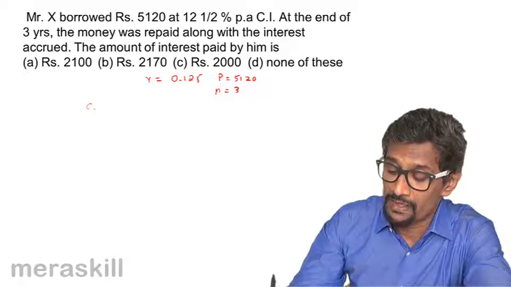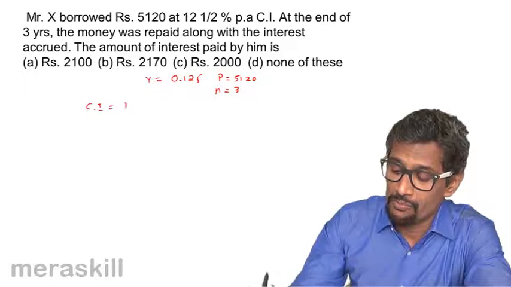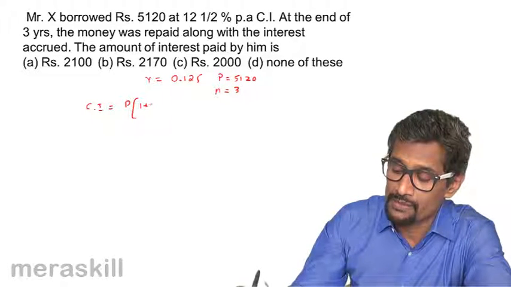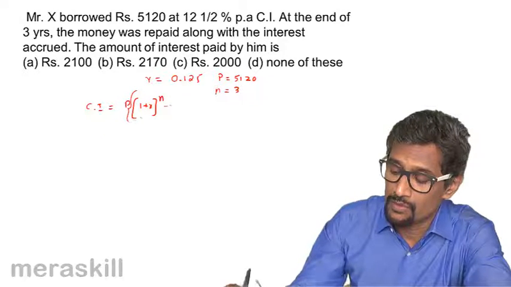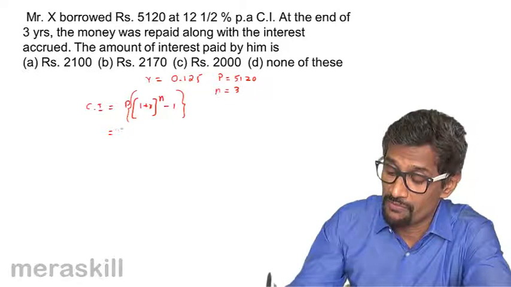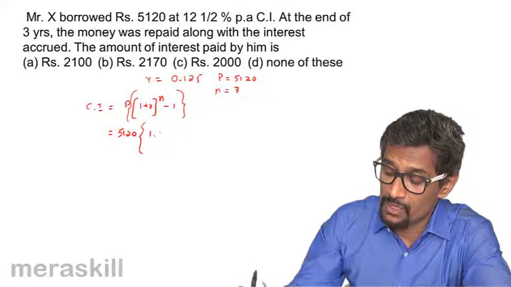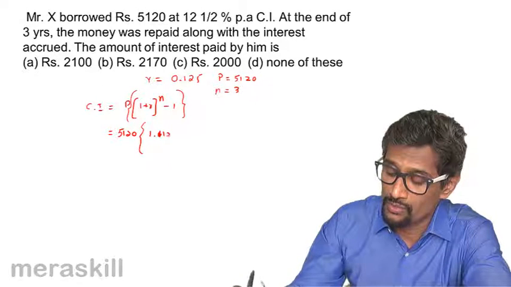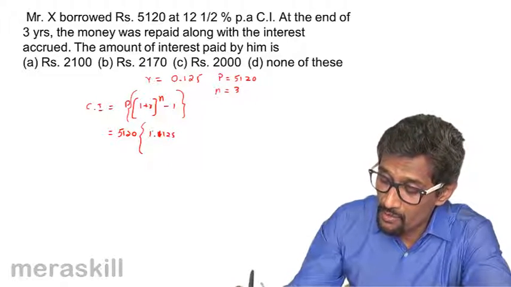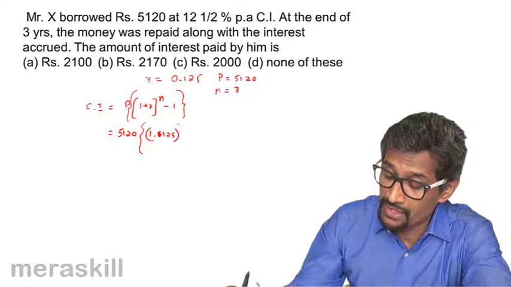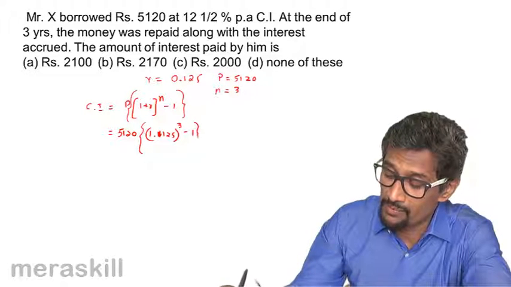So you have been asked to find CI, which is going to be P into (1 plus R) raised to N minus 1, which will be 5120 into (1 plus R, that is 1.125) raised to 3, minus 1.